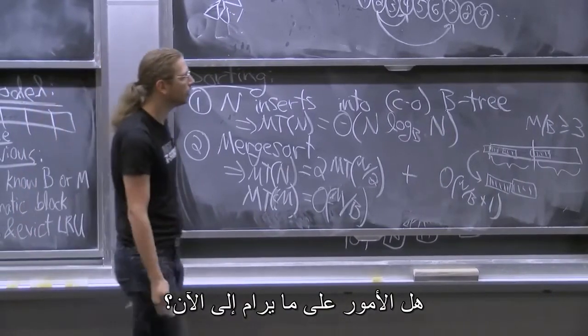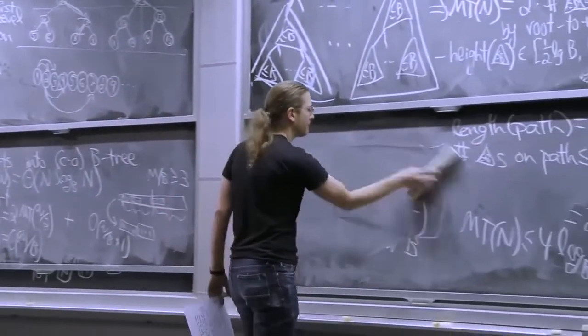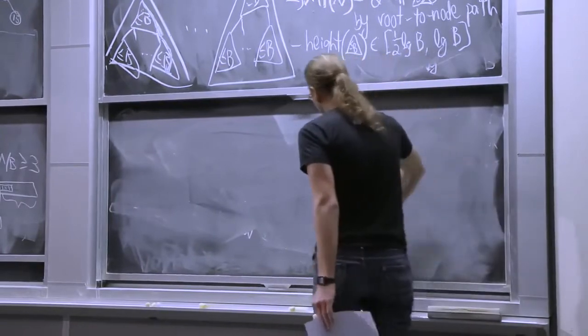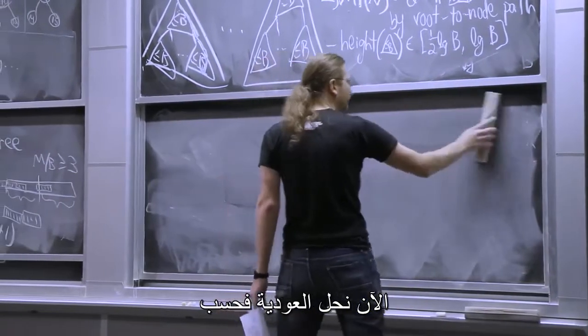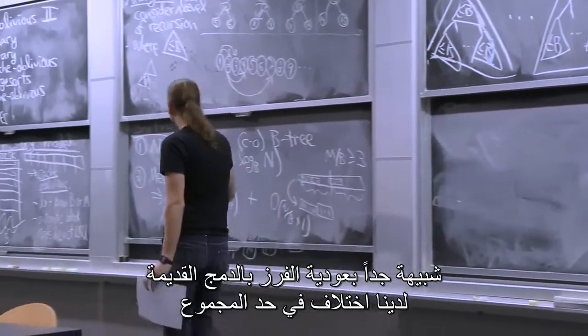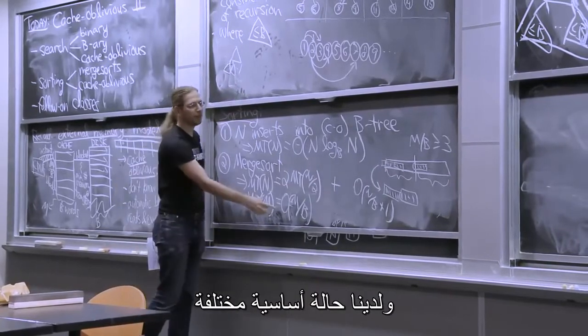So far, so good. Now we just solve the recurrence. This is a nice recurrence. Very similar to the old merge sort recurrence. We just have a different thing in the additive term, and we have a different base case.